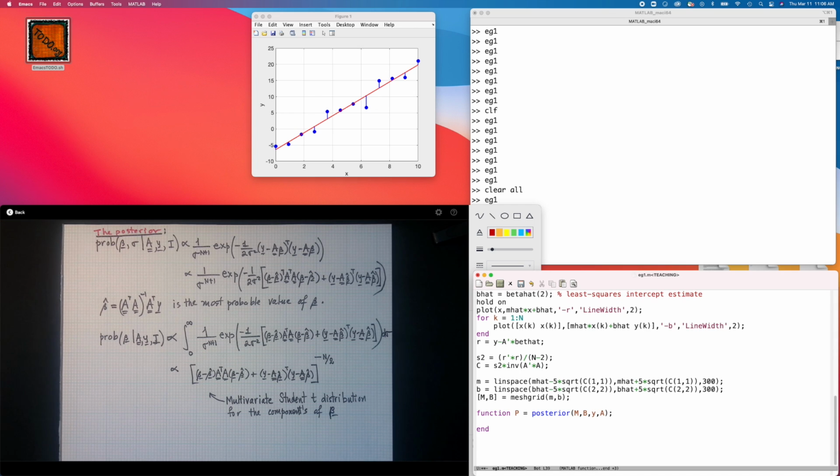Okay, so the first thing we'll do is compute beta hat. We're trying to code up this expression over here. This is supposed to be beta minus beta hat, so maybe I can call this d beta. So that is this quantity, and it's evaluated for each and every point.